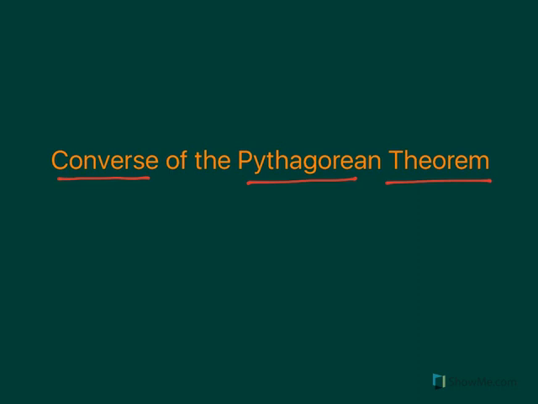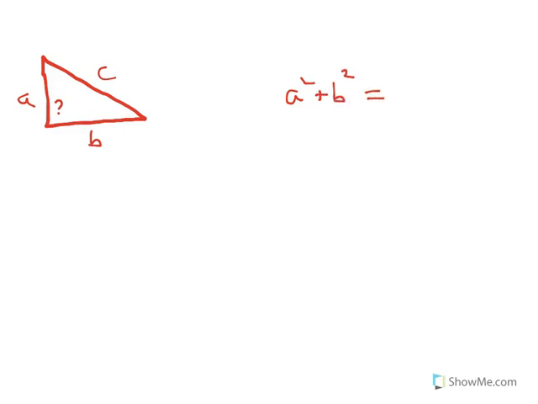If you think it might be a right triangle, but you're not quite sure if this is a right angle, and when you work out the formula, a squared plus b squared is exactly equal to c squared, if this works out to be true, then it must be a right triangle.